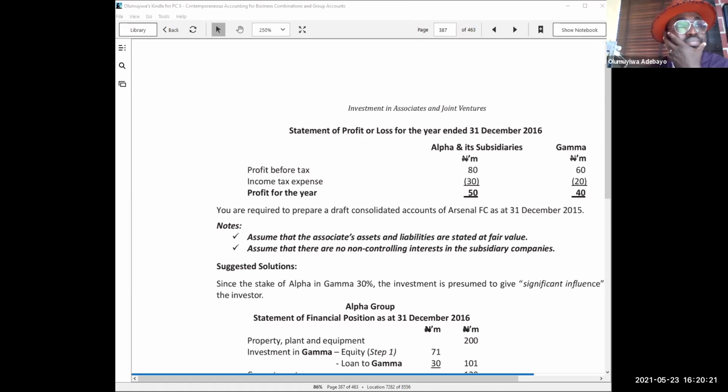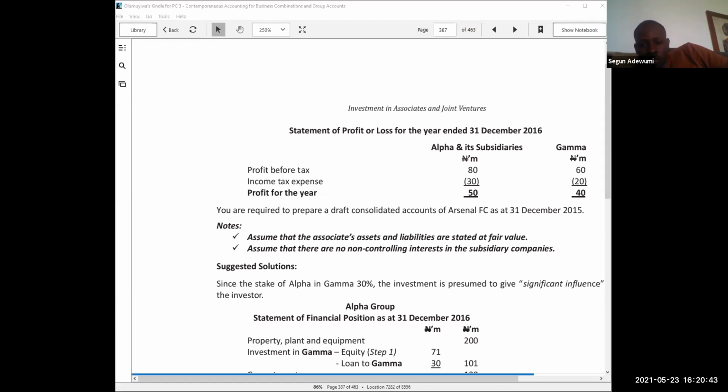Okay, who else? From my end, I also believe that Alpha and its subsidiaries represents a consolidated account, while Gamma is the investment in associates, which is the 30% that Alpha owns in Gamma.